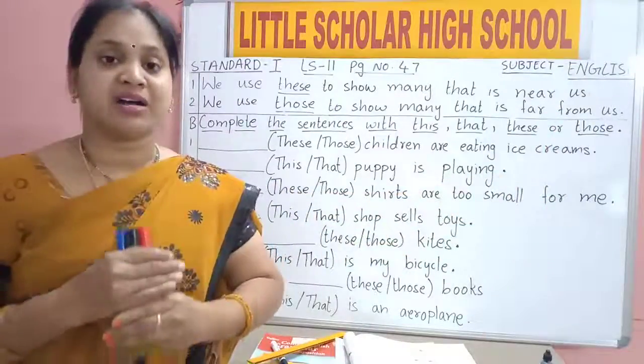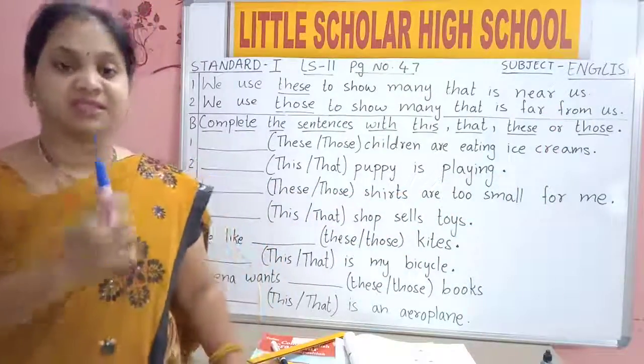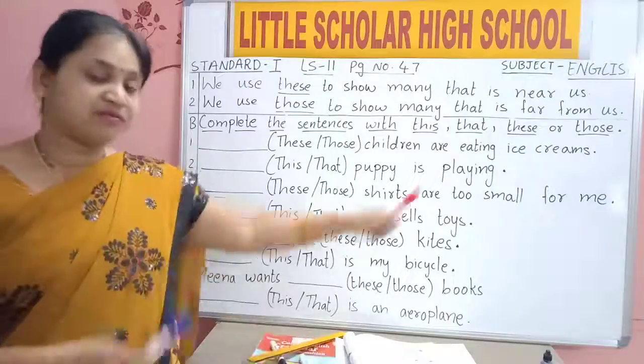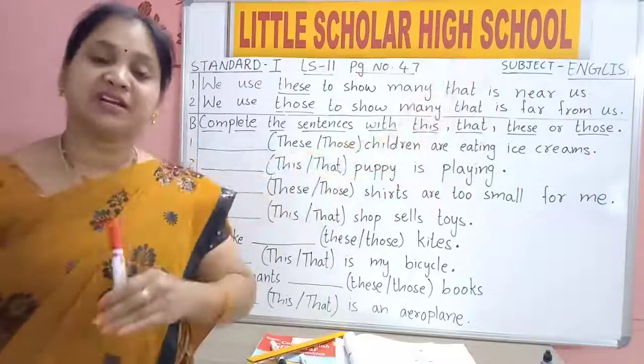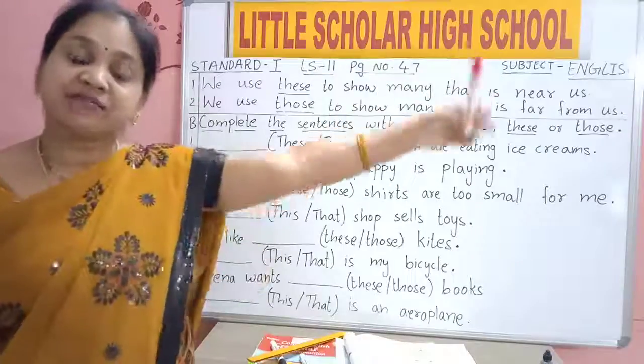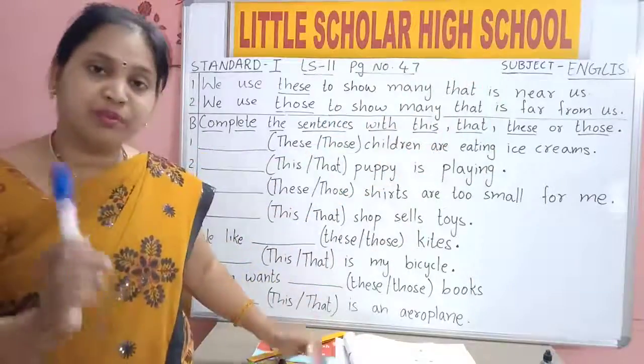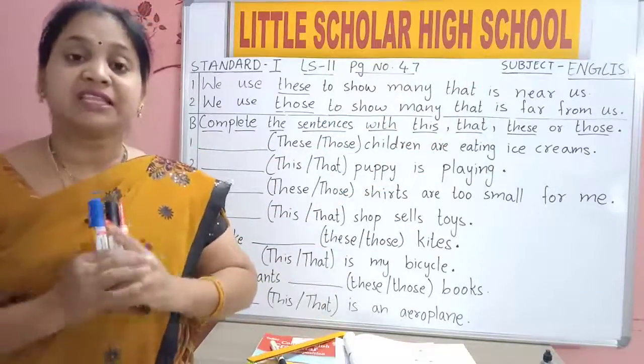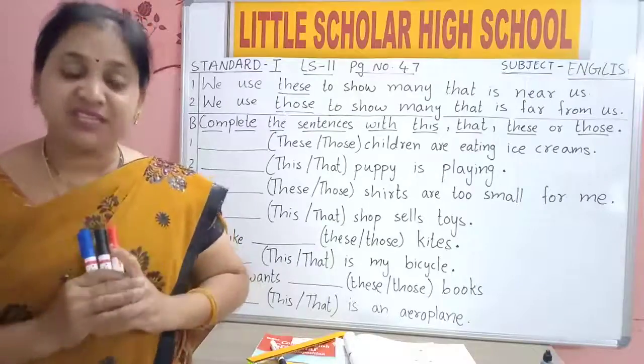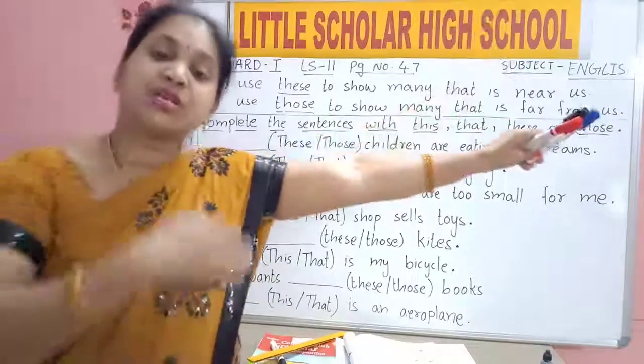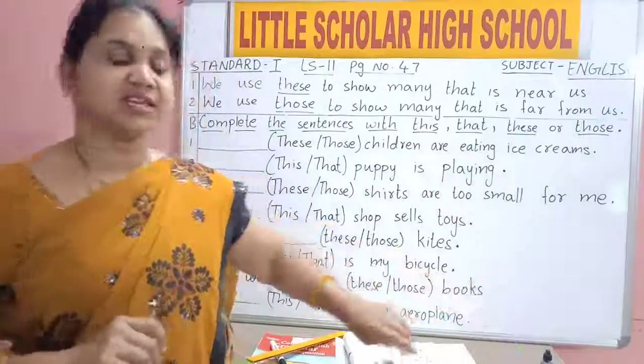Understood? One means this. One far means that. One near means this. Many near means these. Many far means those. Understood the difference?